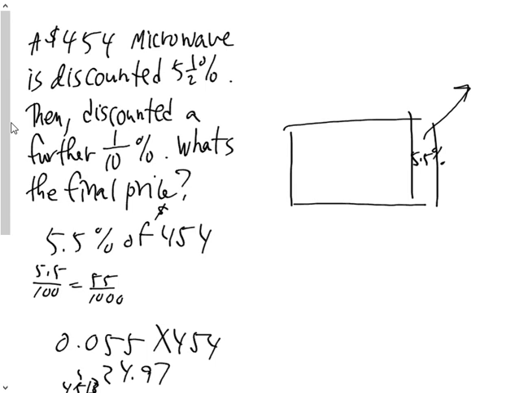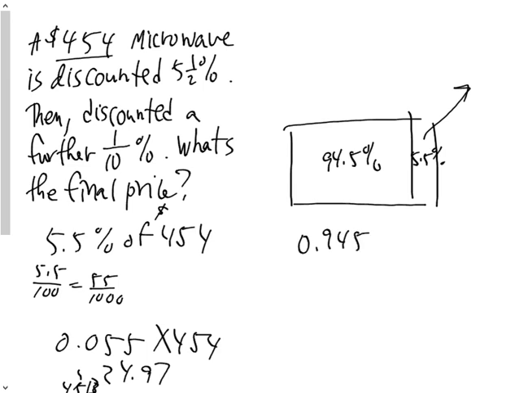And if it's a 5.5% discount, that means you're paying for 94.5% of it, right? That's step one, is to have that in your mind. On your test, you don't necessarily need to draw that. Some of you, it's good because it helps you. So if this microwave was discounted 5.5%, you're only paying for 94.5% of that price.